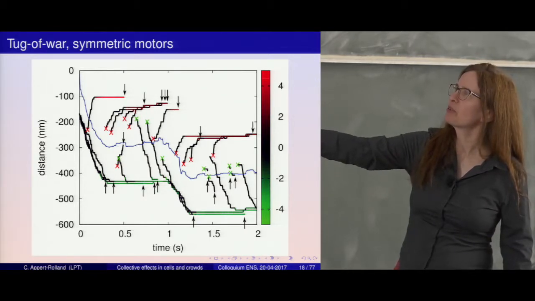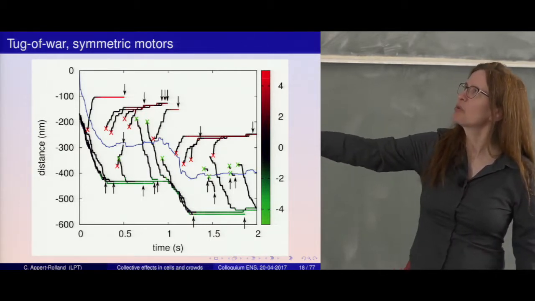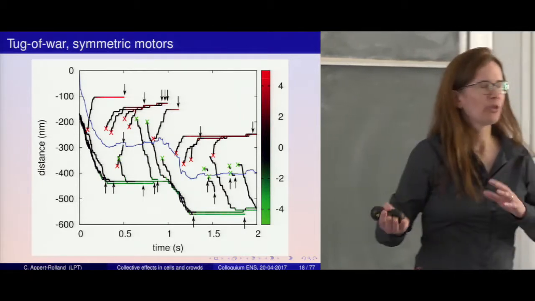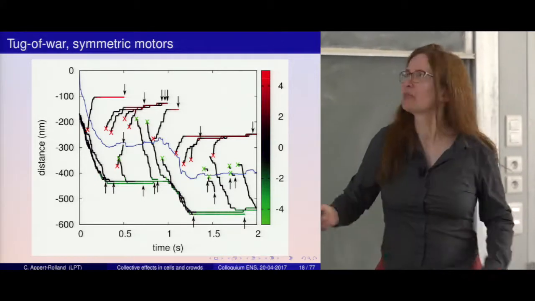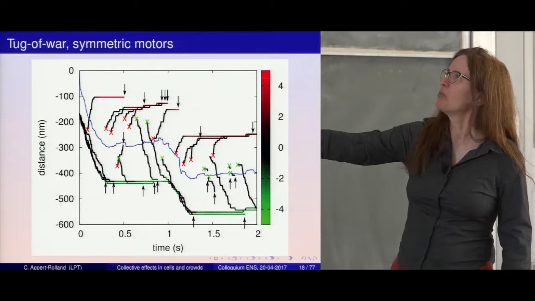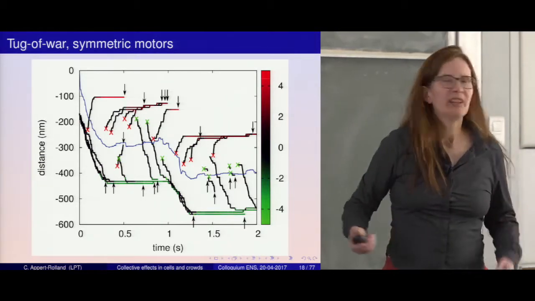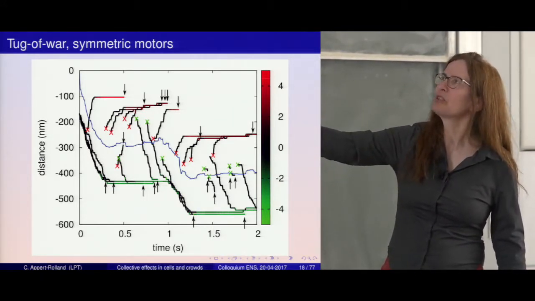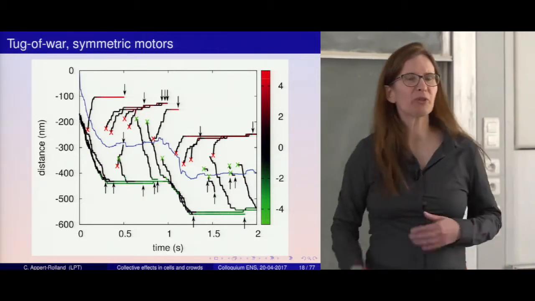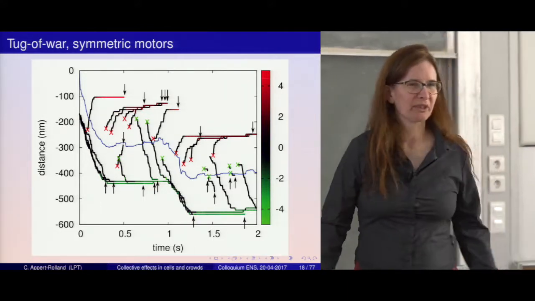The red go upward, the green go downward, and the color here gives you the ratio of the detachment rate over the stepping rate, but it's mostly the force applied on the motor, if you wish. So when one motor, for example here, detaches, you see that the force does not immediately become very high on the other ones because they are not at the same position. Also the cargo will relax its position, so these ones have time to continue walking and take over. So it's much more difficult to pull off one team. So you may wonder, then we are back with the problem. How does it work?